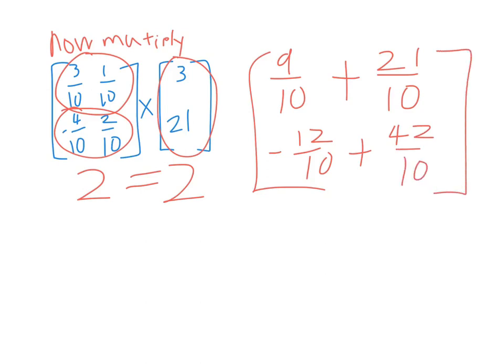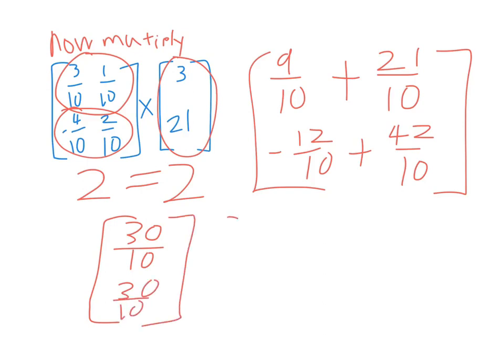And then now we have to add everything in the matrix. So 9 over 10 plus 21 over 10 will be 30 over 10. And then negative 12 over 10 plus 42 over 10 will be 30 over 10. And then you could simplify, which will be 3 and 3.